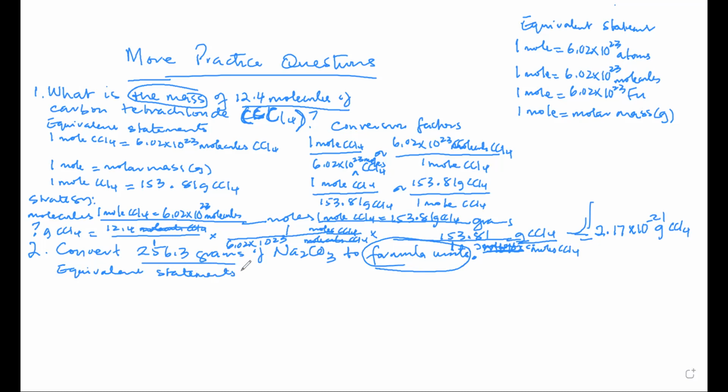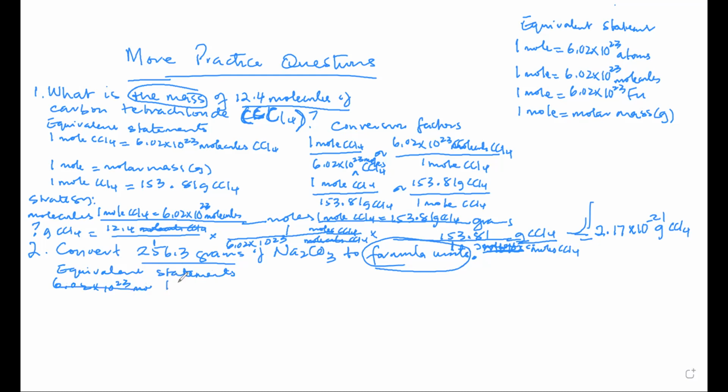So we're starting from grams. Grams to what? How do we get the formula units? There's no direct gram to formula unit, but we have grams to moles. Grams to moles, I'm sorry.